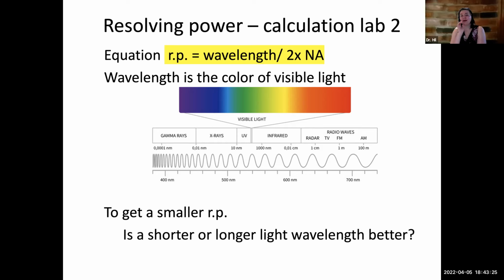Exactly. To calculate resolving power, we have in the numerator of this fraction wavelength. So the smaller this number is, the smaller that number is going to be. So we want small wavelengths of light. The closer to the blue or violet spectrum, the better, and ultraviolet light would be even better. And electrons have a teeny tiny wavelength, so that would be the best.